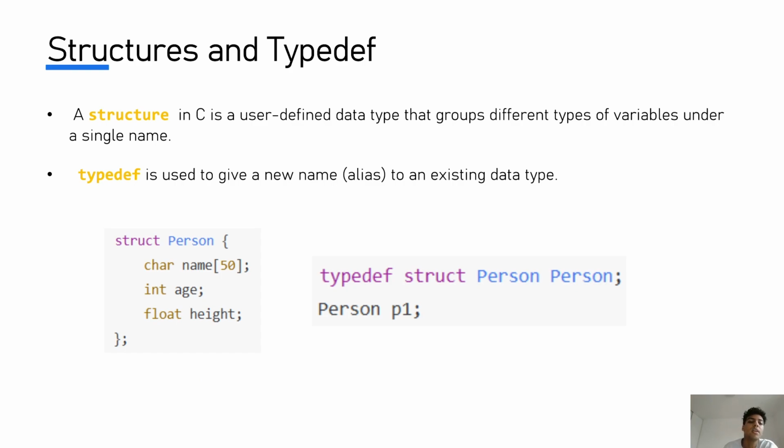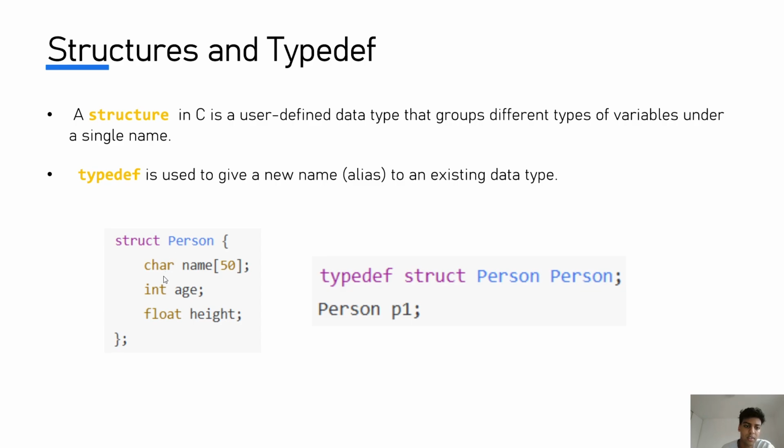And the next thing is structure and typedef. As I said before, we can define our own data type using struct, with the name of the variable and what the variable can store inside.